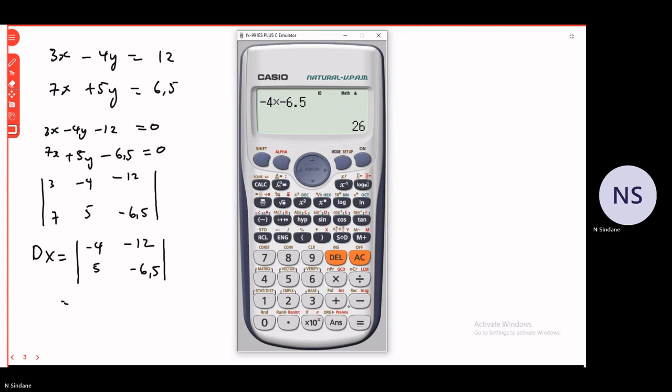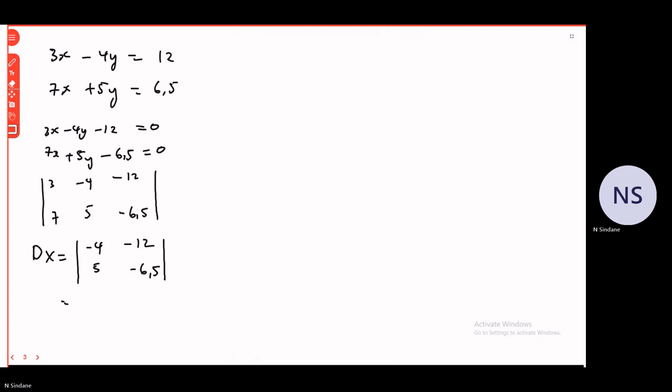I'm getting 26, and then minus of minus 5 times 12. I'm getting 86 as my solution. This is 86. Okay, then let's check Dy is equal to 3, 7, minus 12, minus 6.5.